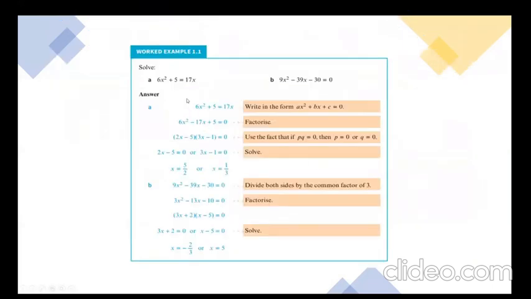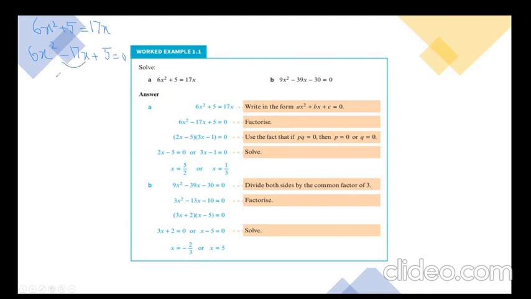Now in this case, I have 6x square plus 5 equals 17x. That is 6x square plus 5 equals 17x. So what happens, 6x square minus 17x, just rearrange it, plus 5 equals 0.